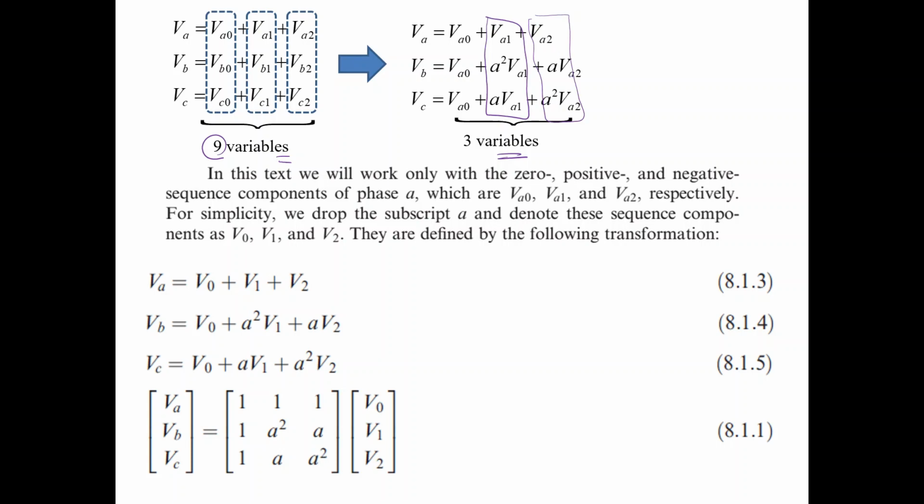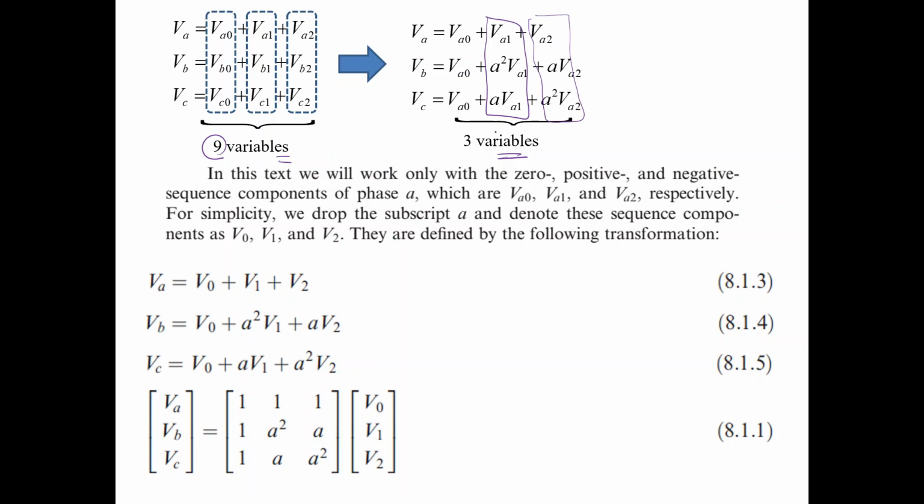In order to get VB, you just rotate once. In order to get VC in negative sequence, you rotate twice. So now you can reduce the nine variables to just three.